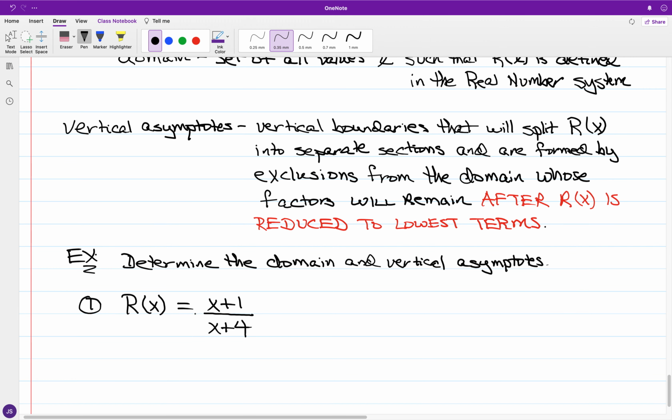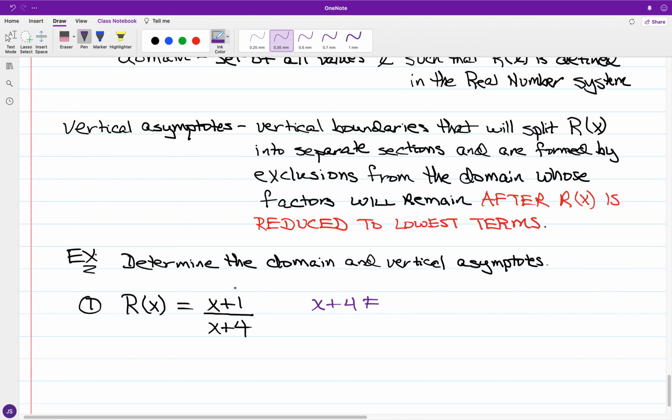So this rational function is already in simplest form, so there's no cancellation between the numerator and denominator involved. Now for what we have in the case of the domain, remember, for a fraction to be defined, the bottom value cannot be equal to 0. So we have restrictions involving the denominator. So you have x plus 4 cannot be 0.